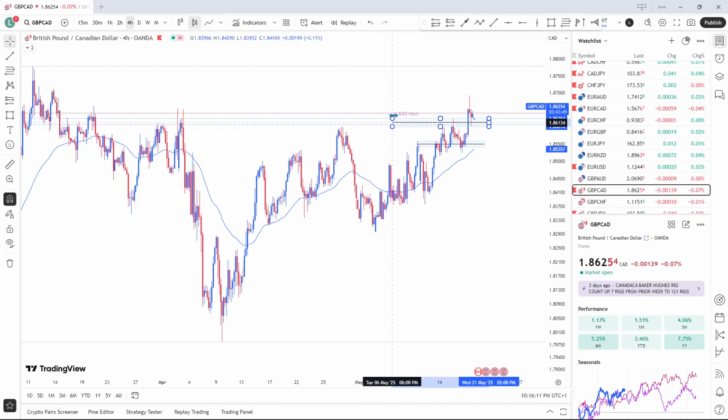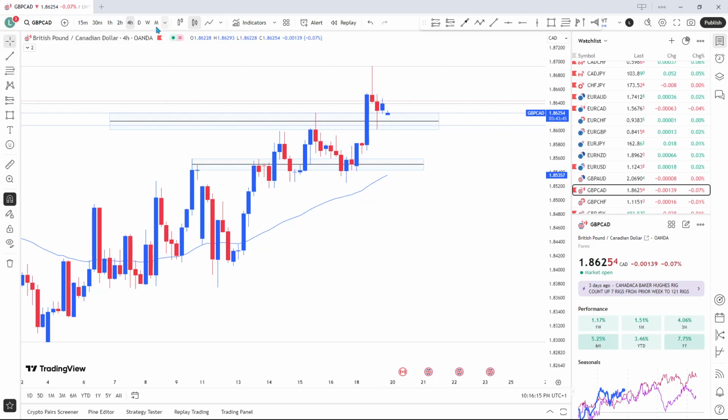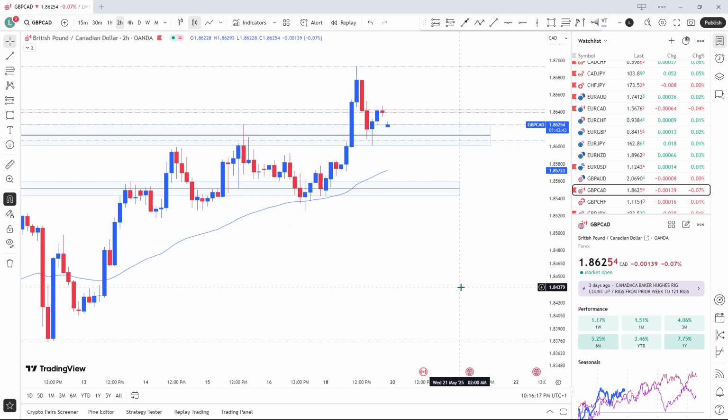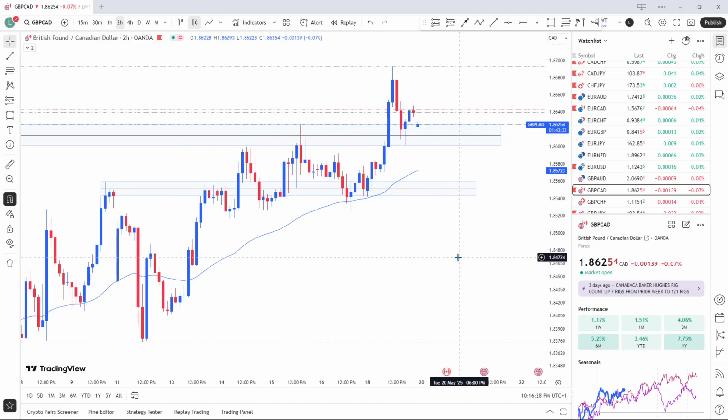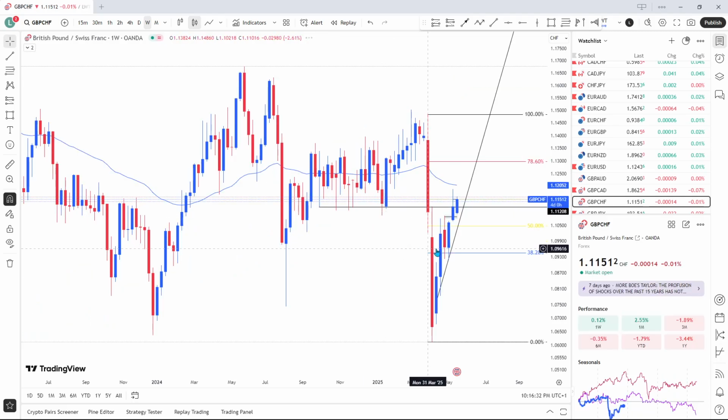So happy with that. That's already flagged. I mean, that's beautiful on a fair value gap there, to be honest. In the fair value gap, so as that pushes out, I'll have to do videos on fair value gaps and everything at a later date.